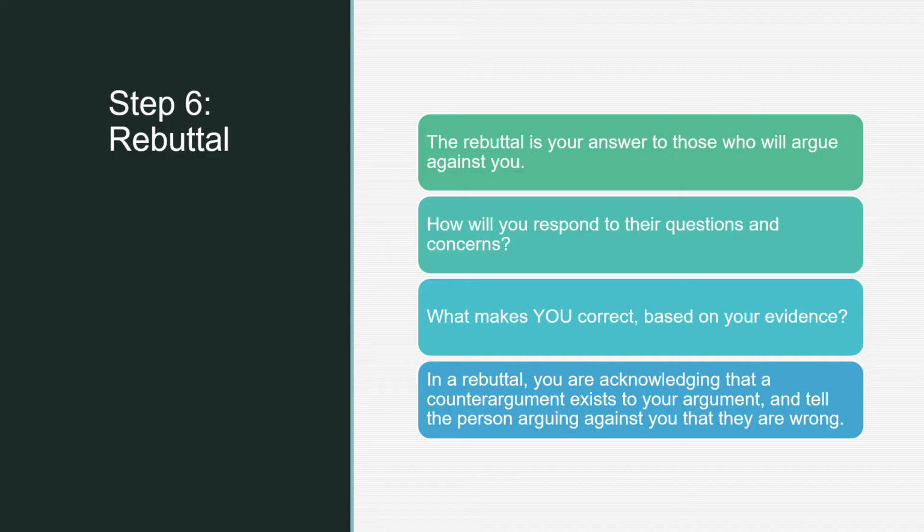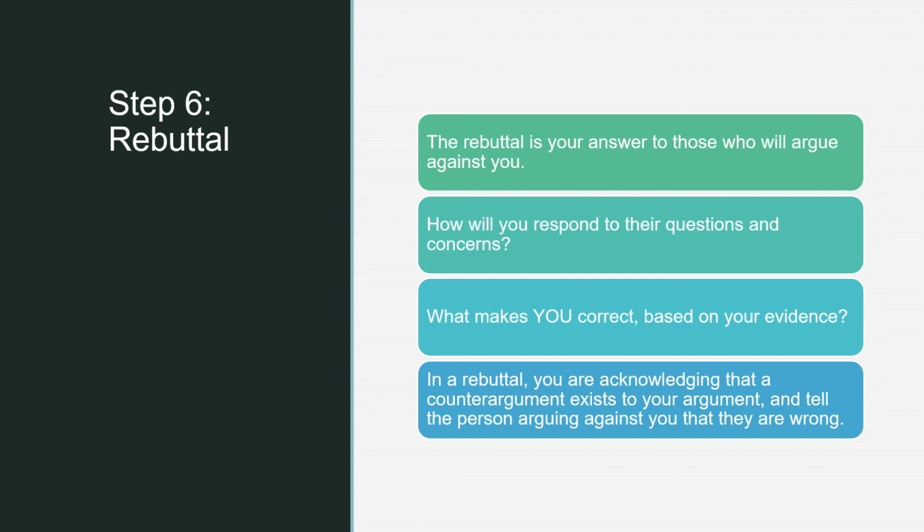And finally, we're on step 6 of the 6-step Toulmin model. And step 6 is the rebuttal. The rebuttal is your answer to those who will argue against you. How will you respond to their questions and concerns, and what makes you correct based on your reasons and evidence, and backing of the warrants if necessary?